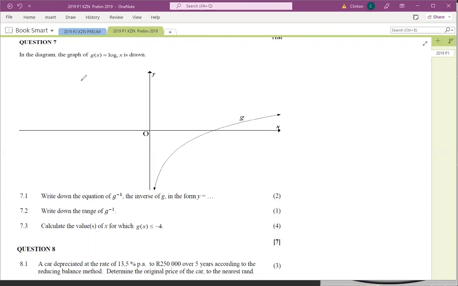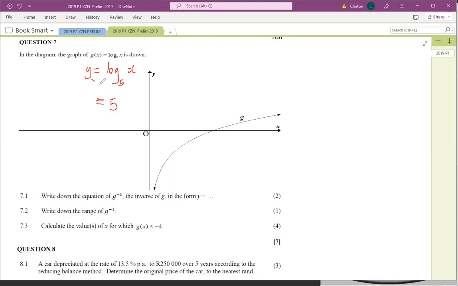Remember, g of x is basically y. So here I have y equals log base 5 of x. Then we're going to use the cross method to change it to the exponential form. This is the log form; its exponential form will be this. 5 is the base, so you write it as the base.